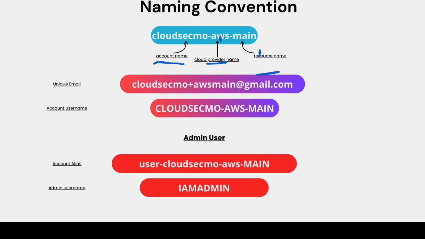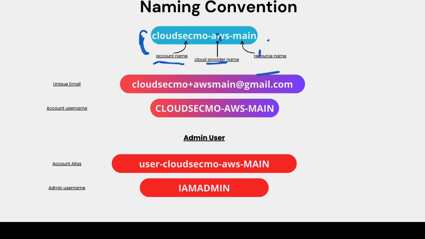I use the same account name, and whenever I create an account with Azure or any other cloud provider, I change the provider to its name, like Azure main, and keep main or prod, dev, anything like that. That way I have a unique naming convention for all my accounts and can recognize them wherever I see them.